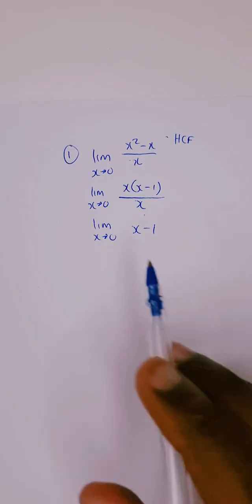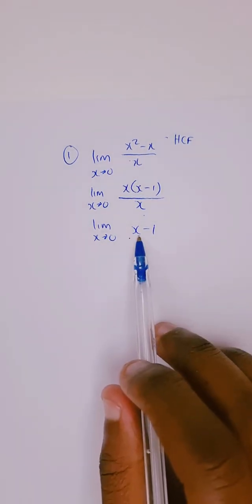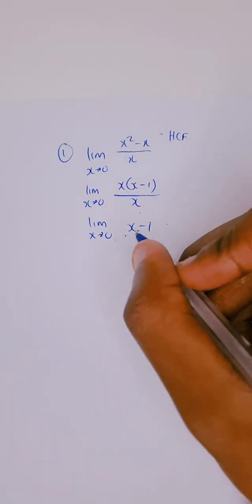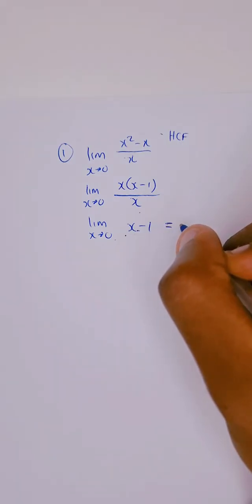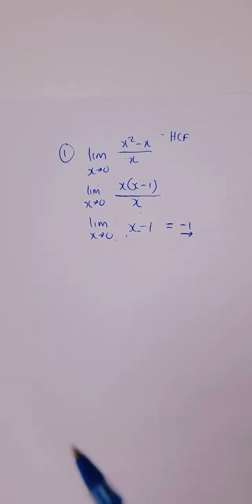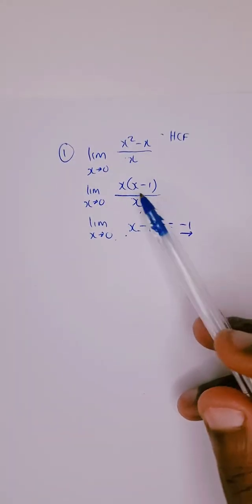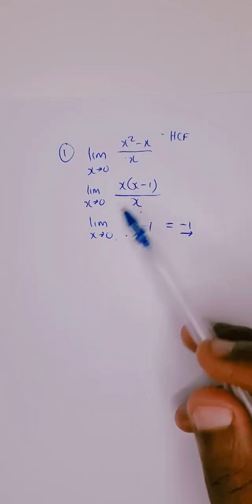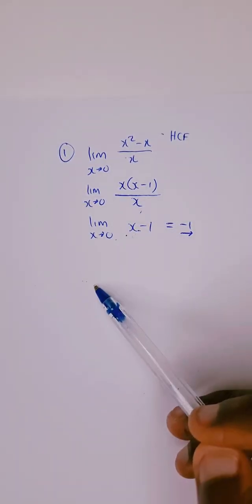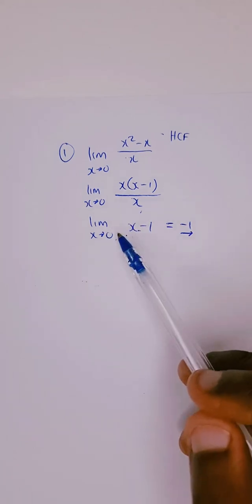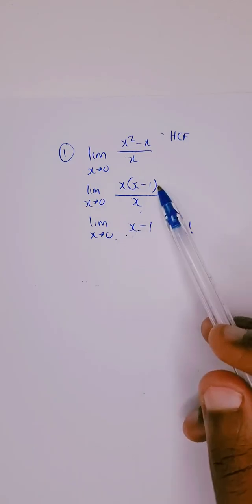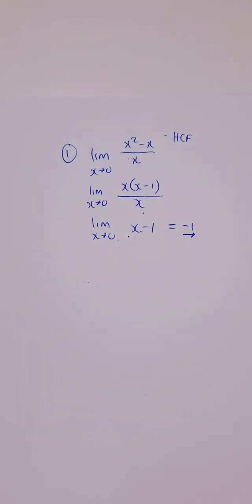Then we substitute the 0. What does substitution of 0 into the x mean? It leads us to -1. We could not substitute the 0 initially whilst we had not factorized, but after factorization, simplification and cancellation, 0 can be substituted. Now we know that as x approaches 0 in the function, the limit is -1.